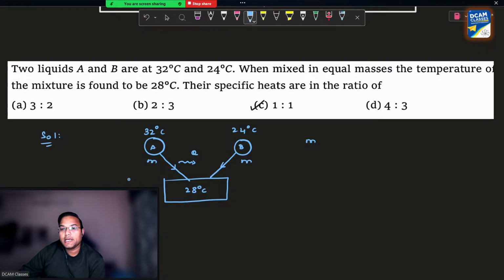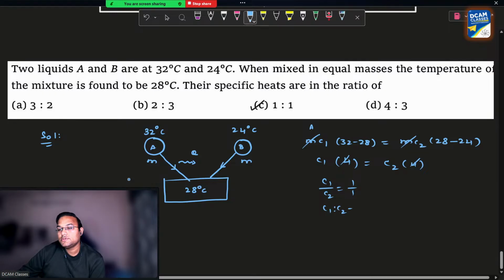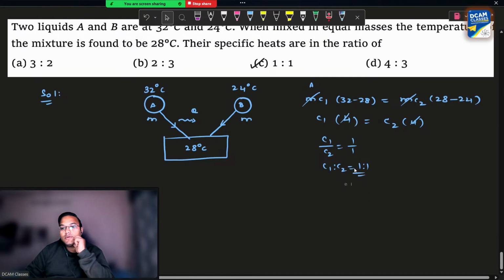So we can say M C1 into 32 minus 28, for A, is equal to M C2 into 28 minus 24. M into 4, C2 into 4. So C1 by C2 is equal to 1 by 1. C1 is to C2 is equal to 1 is to 1. This is how we do it.